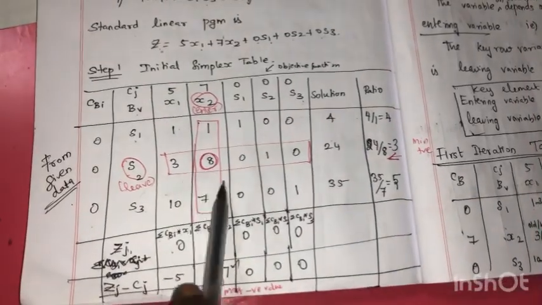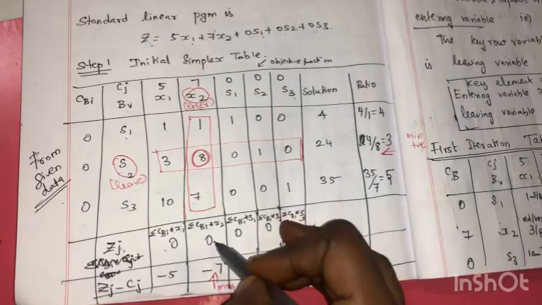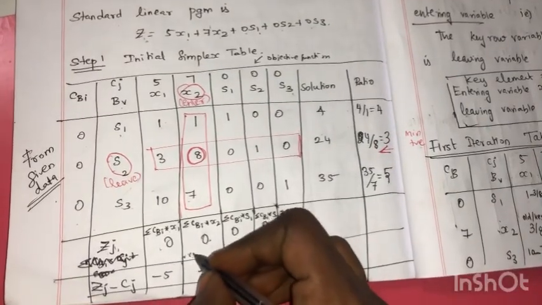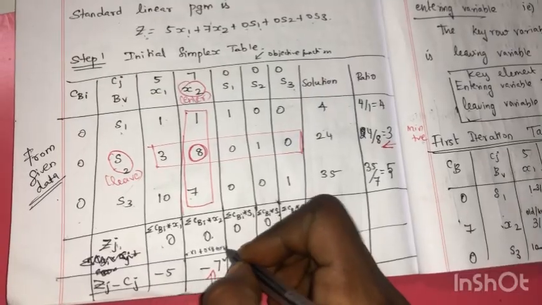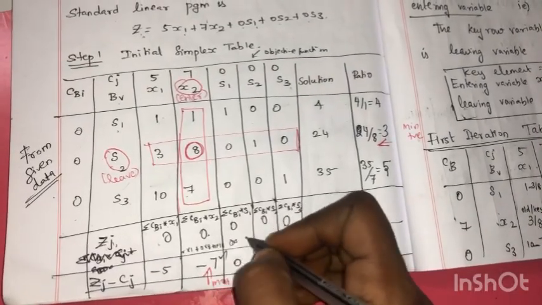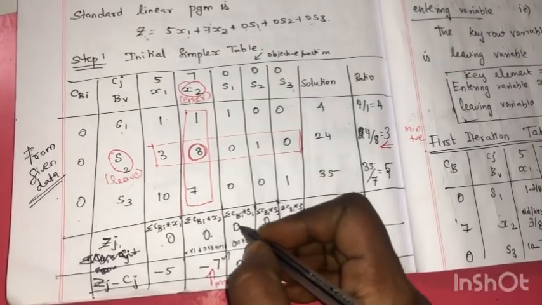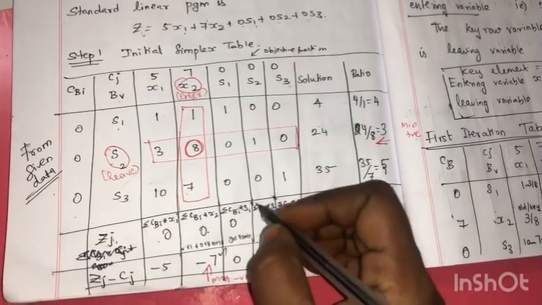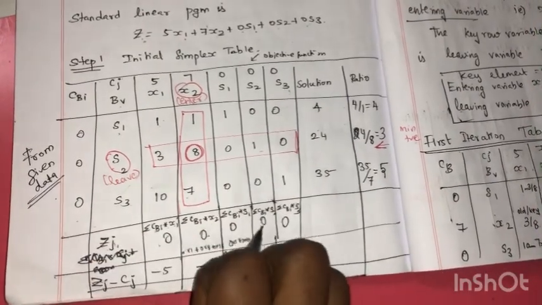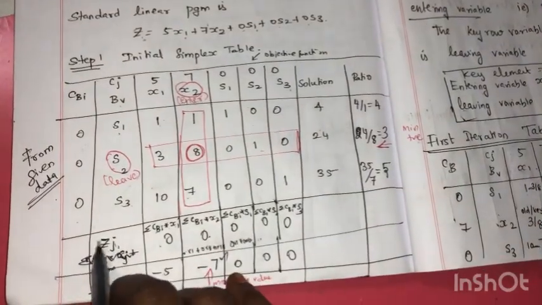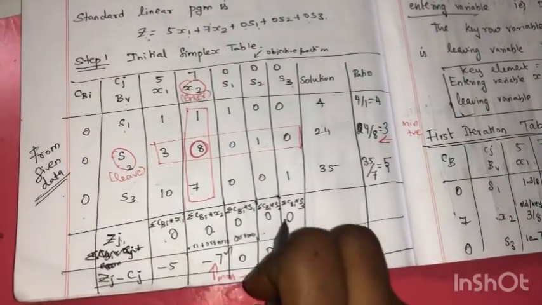Likewise for each column: 0 into 1 plus 0 into 8 plus 0 into 7, then 0 into 1 plus 0 into 0 plus 0 into 0, then 0 into 0 plus 0 into 1 plus 0 into 0, all give 0. So for the initial table, all Zj values come as 0.